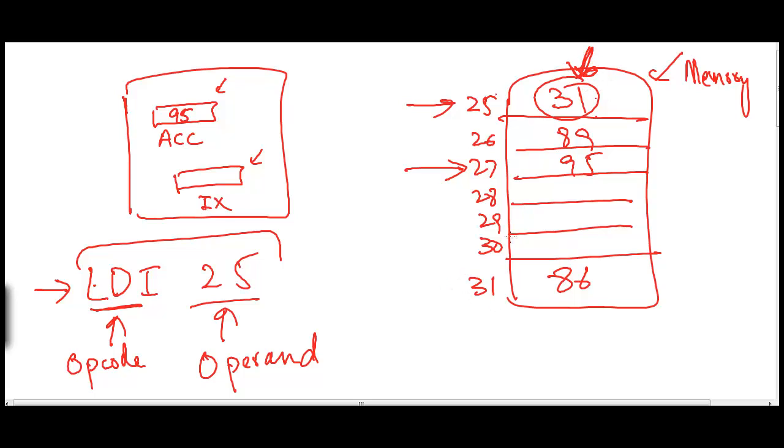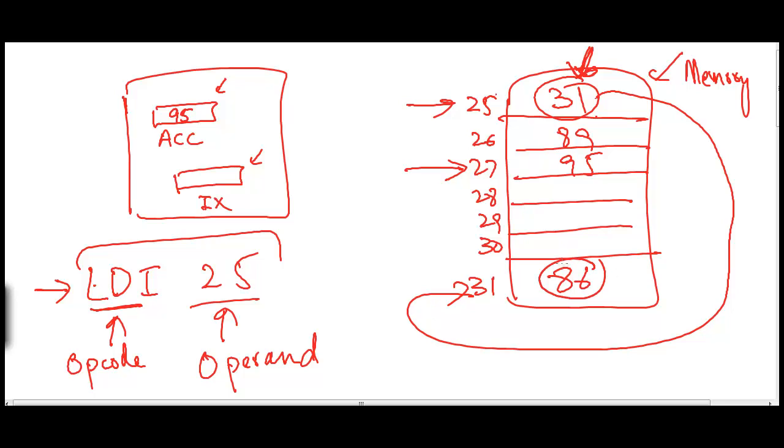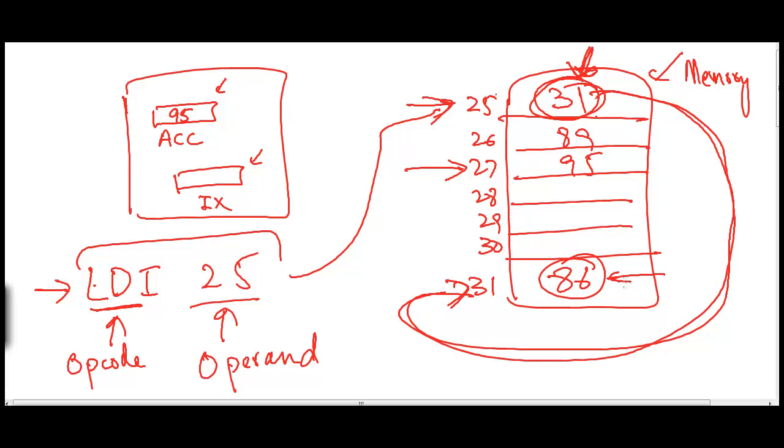So from here go to address number 31, and this is the value that we have to load into the accumulator. This is indirect addressing. First go to location number 25, there you will find an address, go to that address, and at that address you will find your value, which in this case is 86. So when this instruction gets executed, 86 is going to be loaded into the accumulator. Previously we had 95 in the accumulator, and that value is going to be overwritten, and now we are going to have 86 in the accumulator.